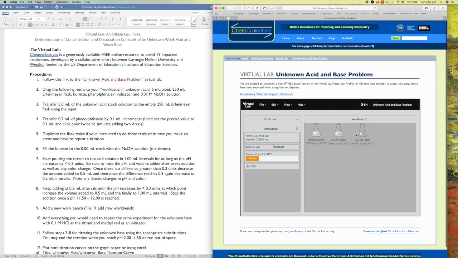And we will need a way of transferring some amount of my stock solution to the 250 milliliter flask, and so we need a pipette. There are pipettes, and I will use a 10 milliliter pipette.